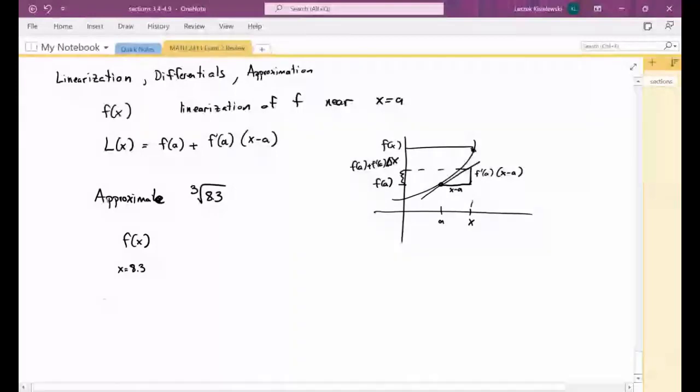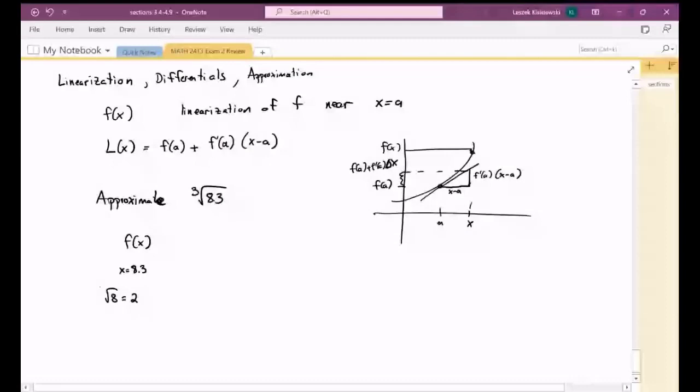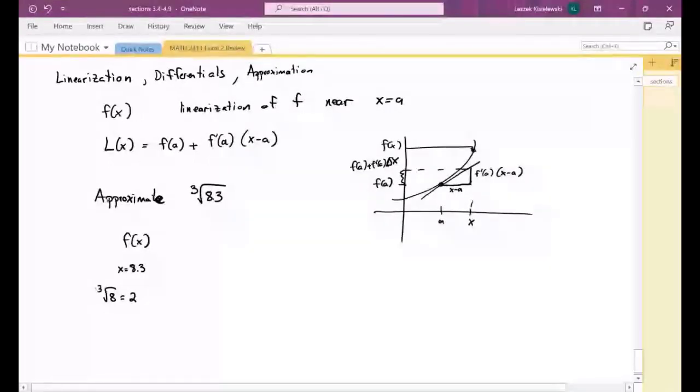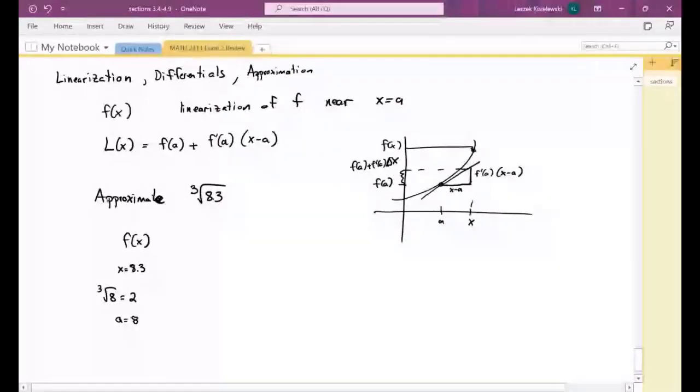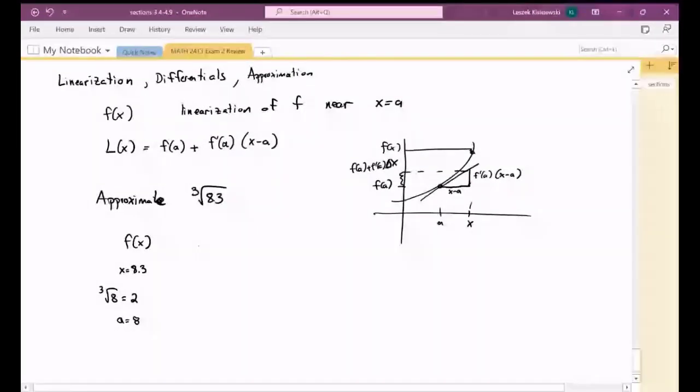We know that cube root of 8 is nice. That's 2. So it looks like we should make a equal to 8. All right. So let's find the derivative of our function.